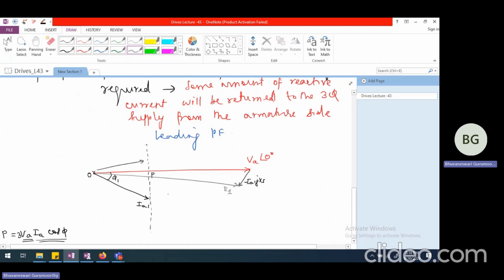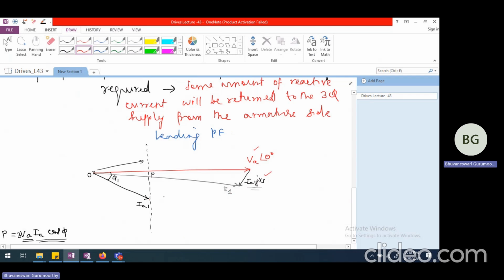So I'm talking about IA1 as the armature current at a lagging power factor, IA1 times jXS with the minus sign as the drop that is taking place in the synchronous reactance. And when I sum up VA angle 0 and minus IA1 jXS, I'm getting E1. So this happens to be E1 or the excitation voltage.